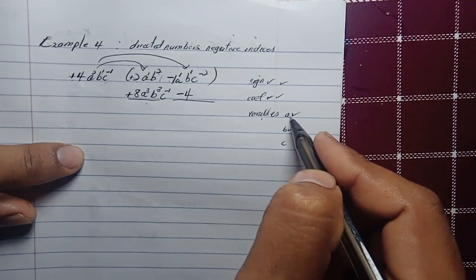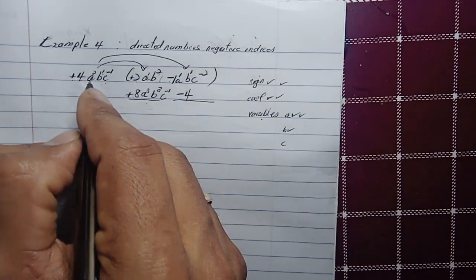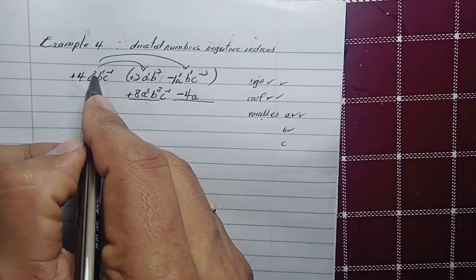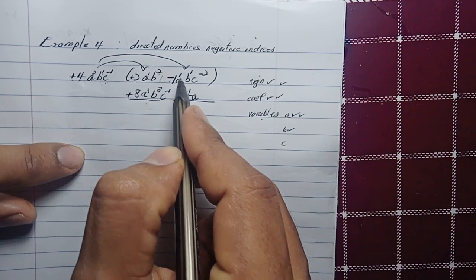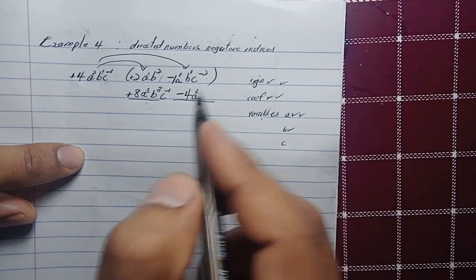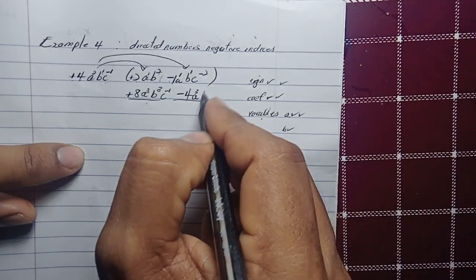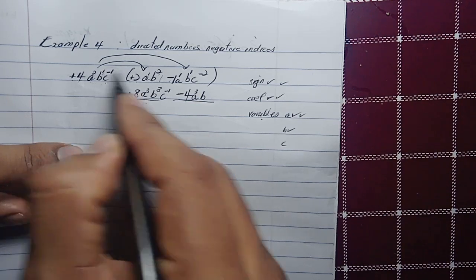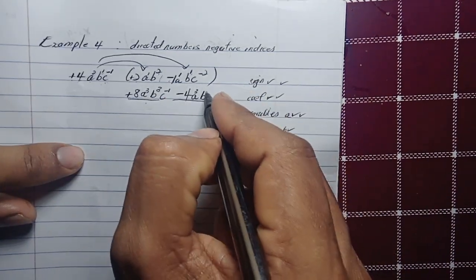Variables now. We have our a variable. a squared times a to the first power. 2 plus 1 gives you 3. Next one is b. Put our b there. b, 1 plus 1 gives you 2.